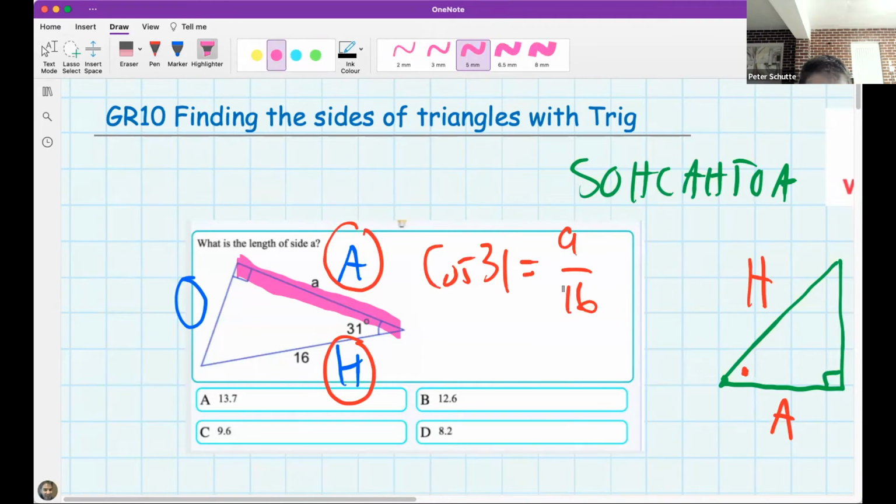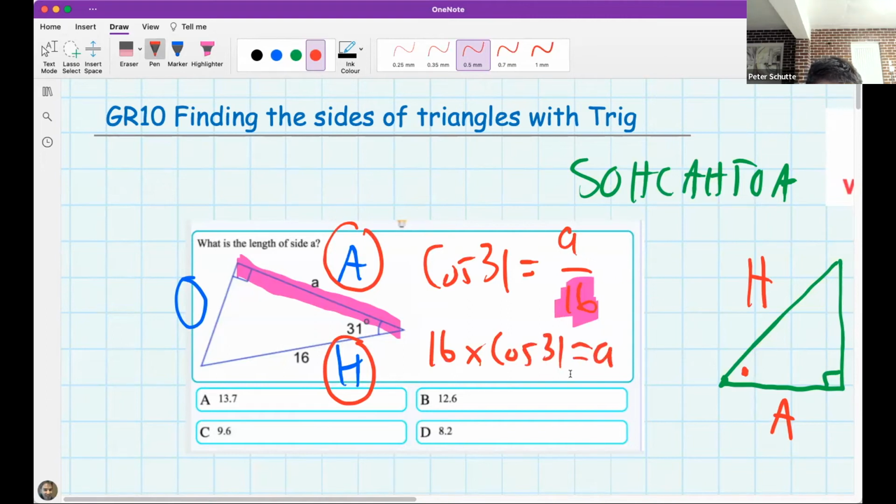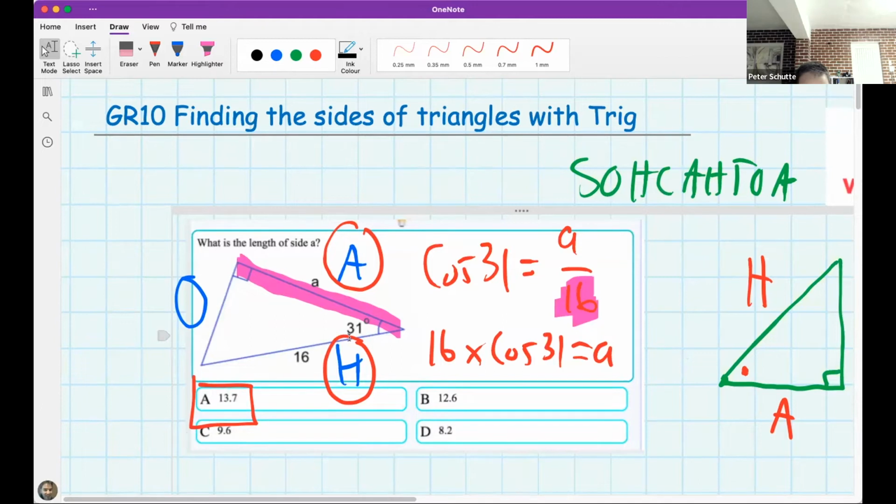And then we'd bring the 16 across, and we'd get 16 times the cos of 31 is A. And let's just make sure that we agree on this. I get A, 13.7. Okay, so that's your first little check that you can do this to find an unknown side. Looks okay to me so far. So I'm going to move on to the second example.